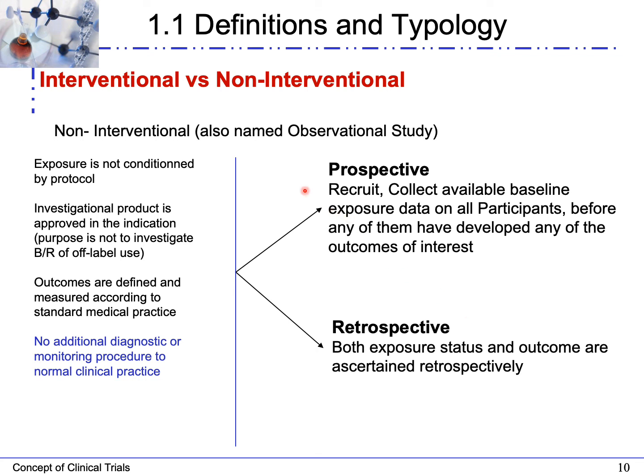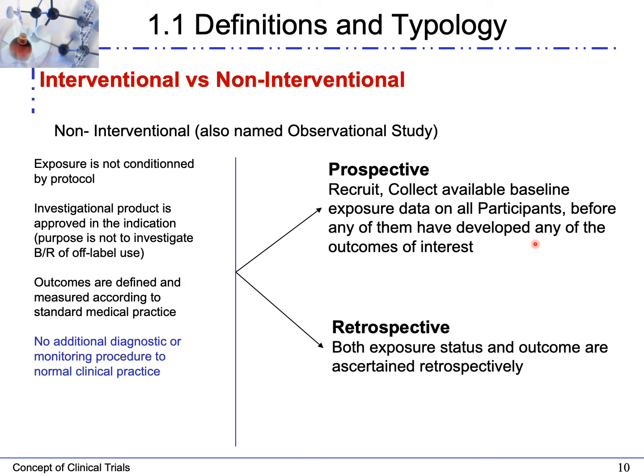In the prospective setting, patients are being recruited and the information about the exposure is being collected at baseline on all participants. And then the participants are being monitored until they have developed the outcome of interest.